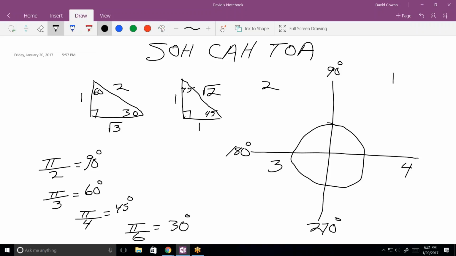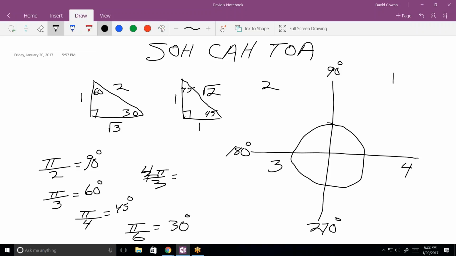And by that, I mean, if you know pi over 3 is 60 degrees, well, what's 2 pi over 3? 120. Yeah. And what's 4 pi over 3? 90. No. Pi over 3 is 60. What's 4 pi over 3? 240. Right.